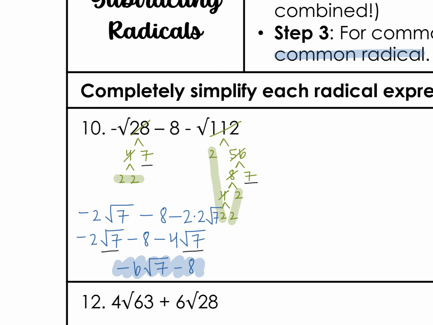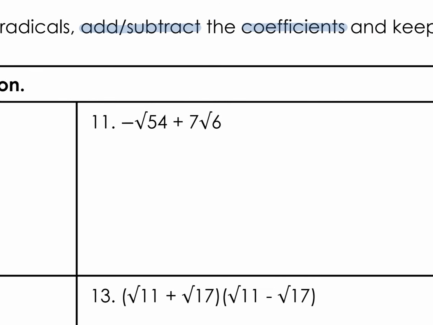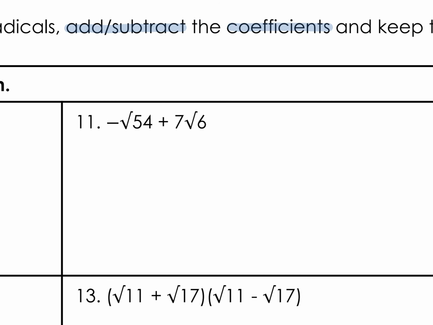All right, so now let's look at number 11. In number 11 here, we can simplify that square root of 54. We can factor it into 9 times 6. And that 9 can be factored into 3 times 3.